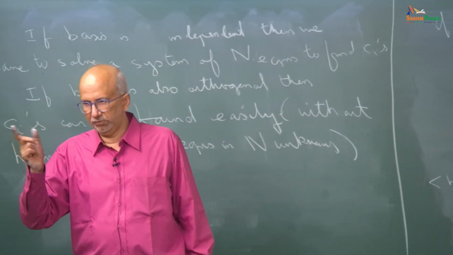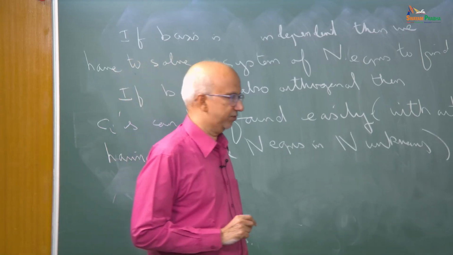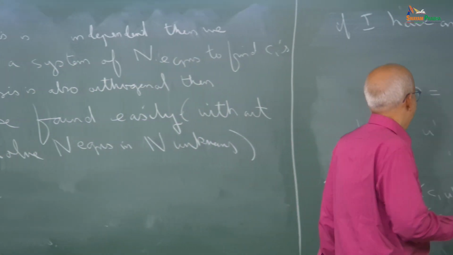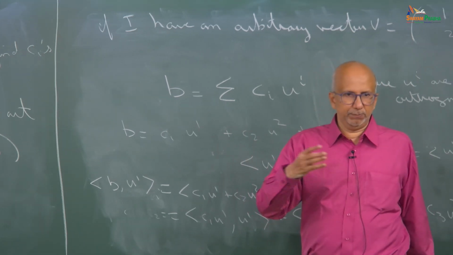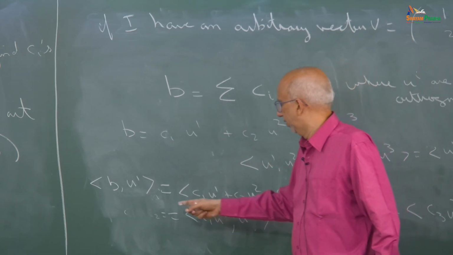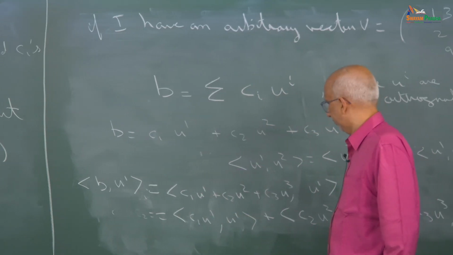If you go back to the axioms, this has to be satisfied. Taking the inner product is just like taking the projection. So, I am doing the inner product on both sides with U1.